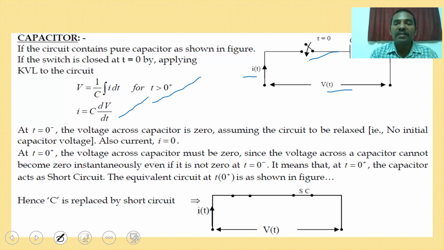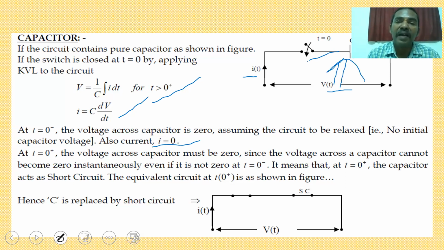Now at t equals 0 minus, just before the switch is closed, no current will flow through the circuit, so the current flowing through the capacitor must be 0. Then at t equals 0 plus, just immediately after the switch is closed, the applied voltage will be across the capacitor.